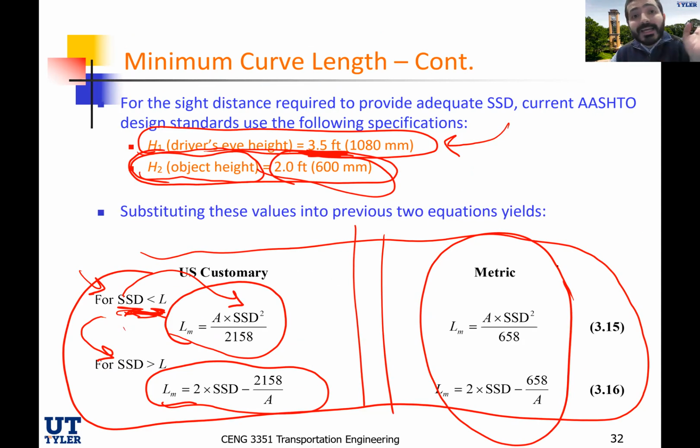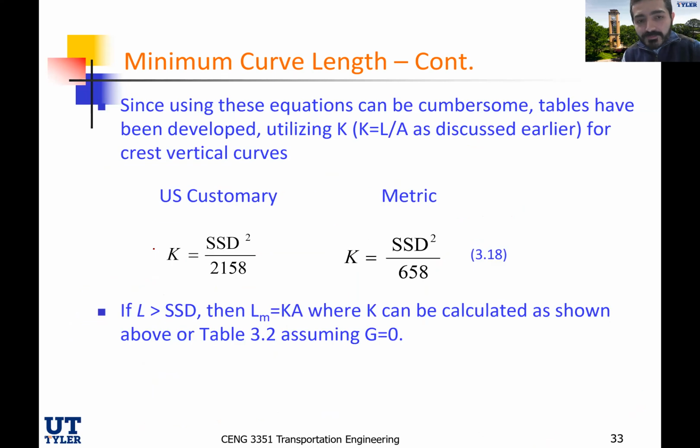If I did not mention anything about H1 and H2, and I did not provide any H1 or H2, you're going to assume that I don't have H1 and H2. I'm going to use the AASHTO equations, assuming H1 is 3.5 feet, H2 is 2 feet, and I'm going to go with that.